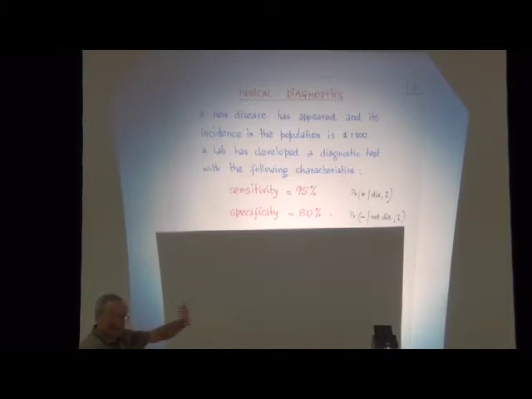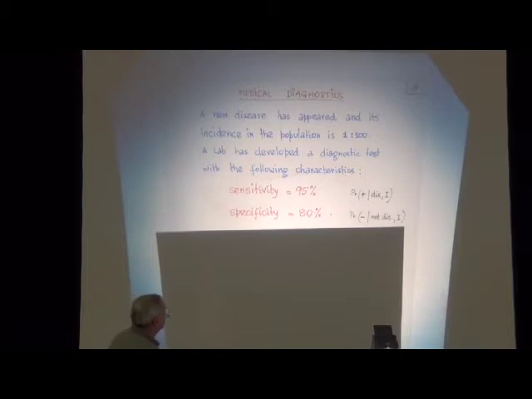I won't talk about it, but that's the important thing that you have to consider. Take a group of patients that has the disease and takes the test, and the test comes out positive. So if for a group of patients that all have the disease, the test is positive, that's called the sensitivity. So that 95% means essentially that if you have these people with disease and you apply the test to them, 95% of the time it will give you a positive result.